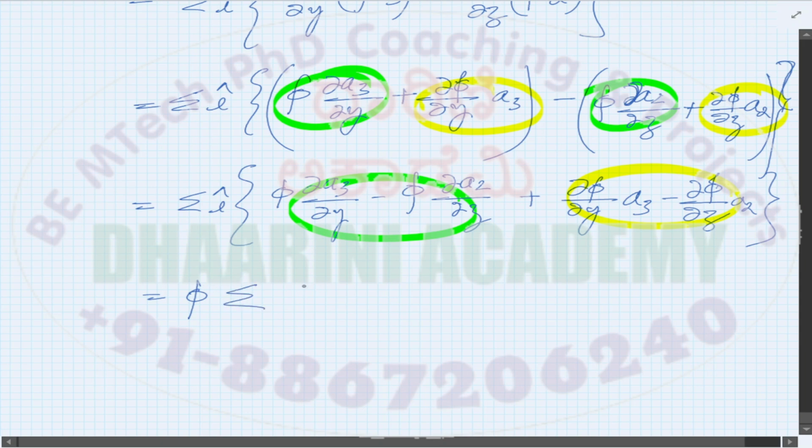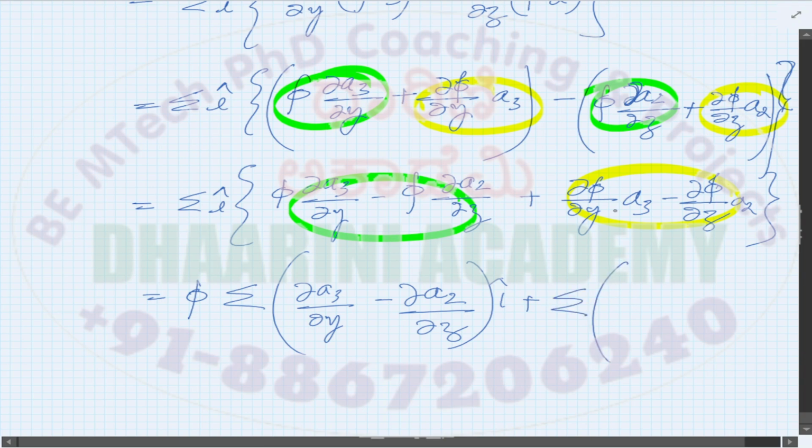Then I write summation, I apply the same thing, so there is dou a3 by dou y minus dou a2 by dou z into i cap. This had an i with that. Plus, we'll write another summation, that is the summation of the second term, the yellow colored terms.